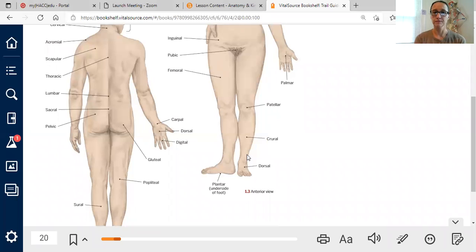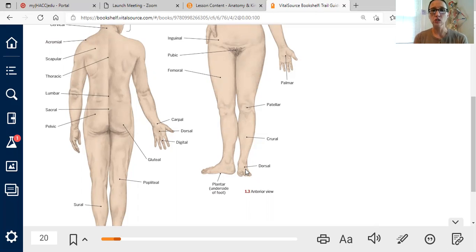The lower leg is the crural area. And it's fun to say, crural. It almost sounds a little like you're drunk, crural, because there's those R's in there. But the crural area is the anterior lower leg. And of course you have 2 bones and some muscle right here. If we move inferior to the crural area, we have the dorsal surface or dorsal region of the foot.